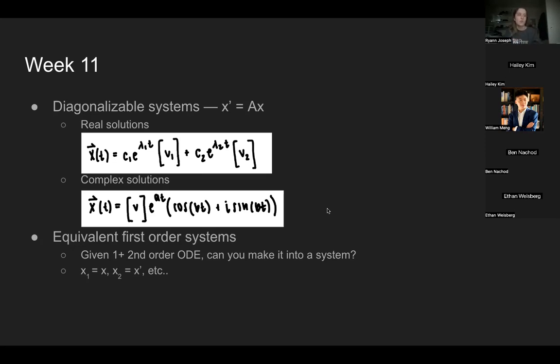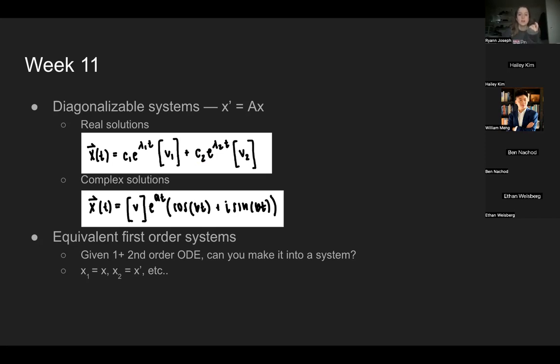Given one or more second order differential equations, can you make it into a system? This was tested on one of the quizzes, quiz 6 I believe, and I saw a lot of people were confused about this. So make sure that if you're given a differential equation, you can turn it into a system that you can then solve.